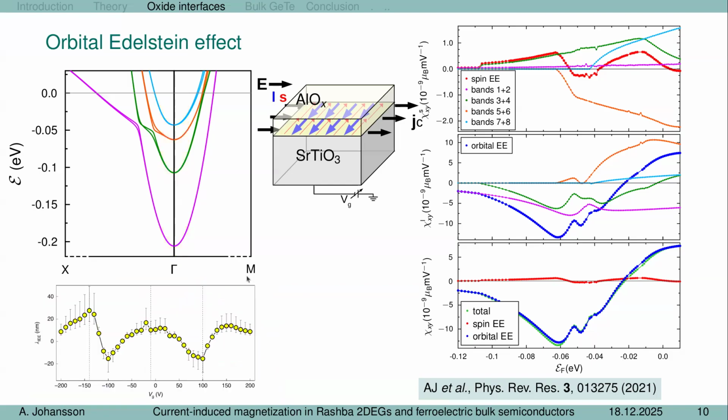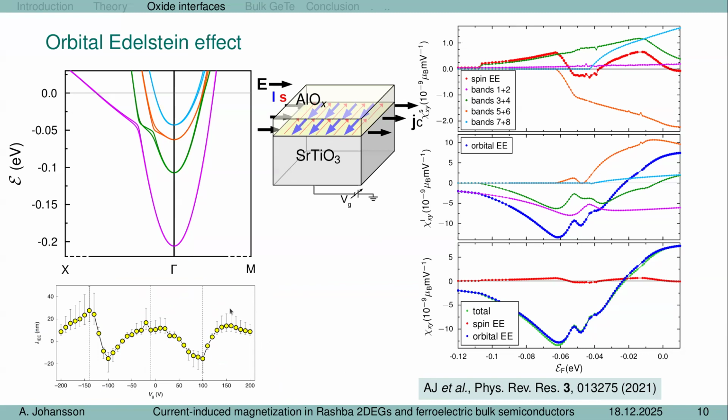So on the previous slide, I showed you the nice agreement between experiment and theory, just considering the spin Edelstein effect. On the other hand, I just told you that the orbital Edelstein effect should be dominant.